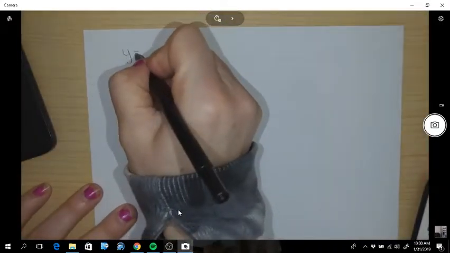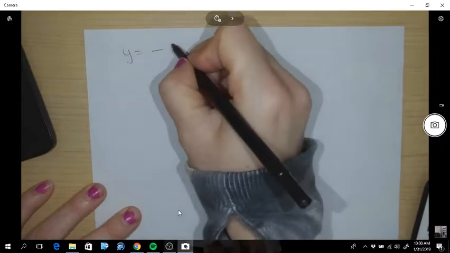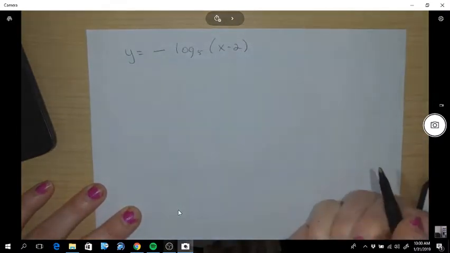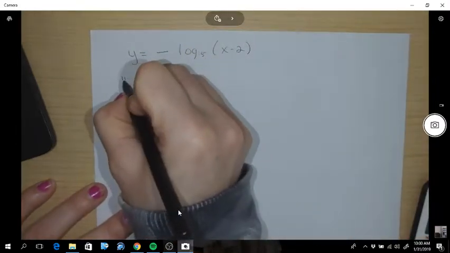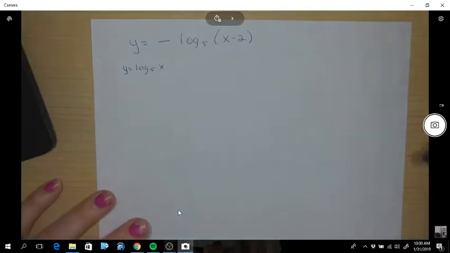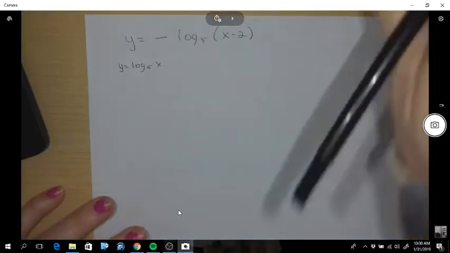Okay, so now I'm going to show you a log function graph with some transformations. So y equals negative log base 5 of (x minus 2). Okay, so let's just quickly graph the basic function there, the parent graph of that.